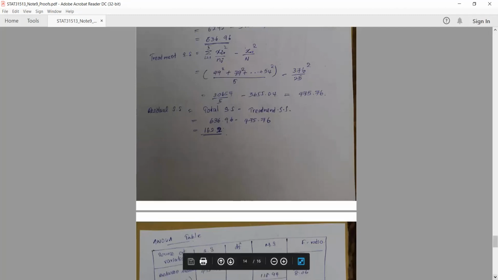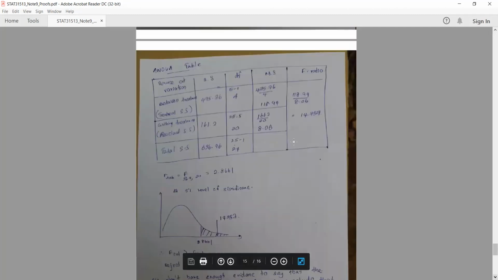And then we get the ratio, the F value, 14.75. When you check the table F value, that is equal to 2.8661. So our calculated value is 14.757, which is greater than the table value.